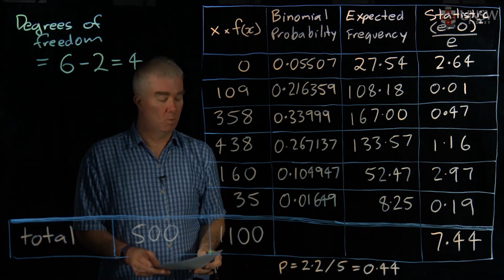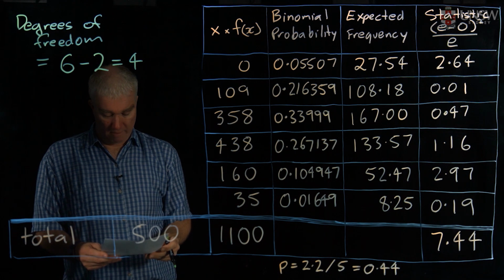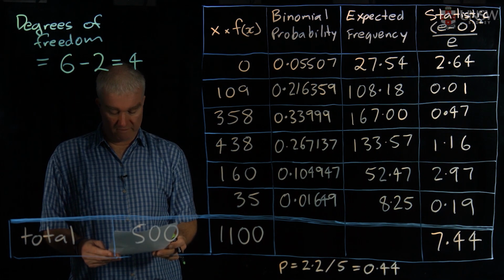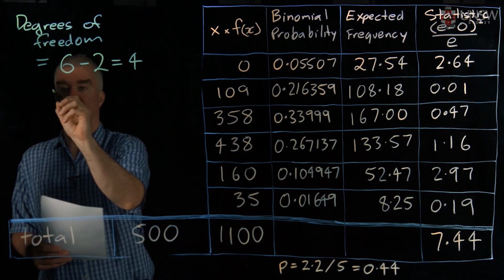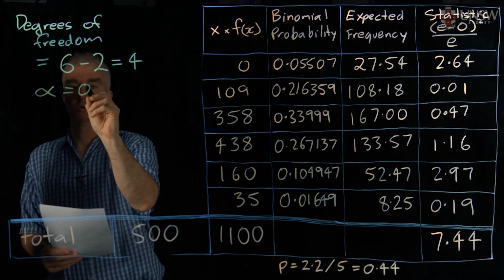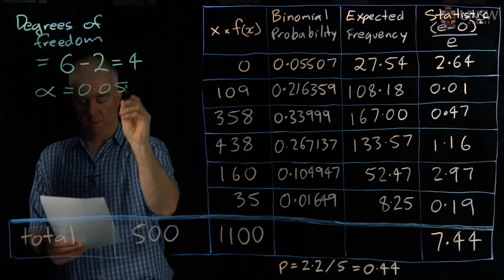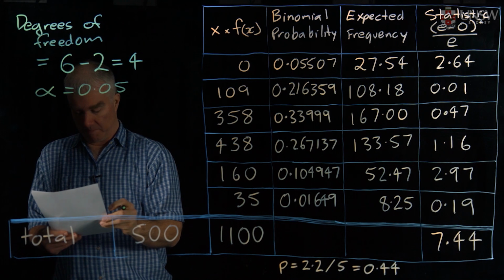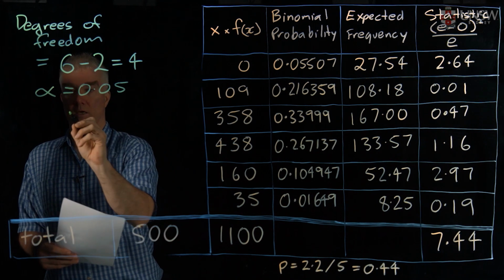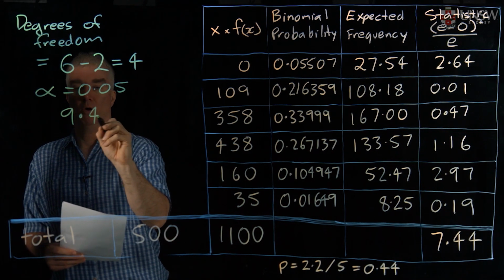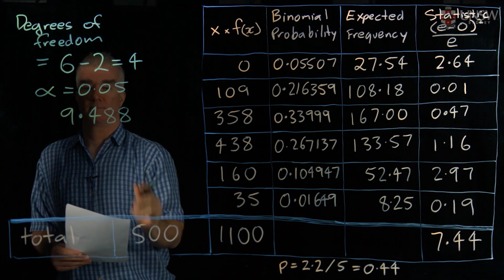So now we look up the table for the chi-squared value. For alpha equals 0.05 with 4 degrees of freedom, we get 9.488.